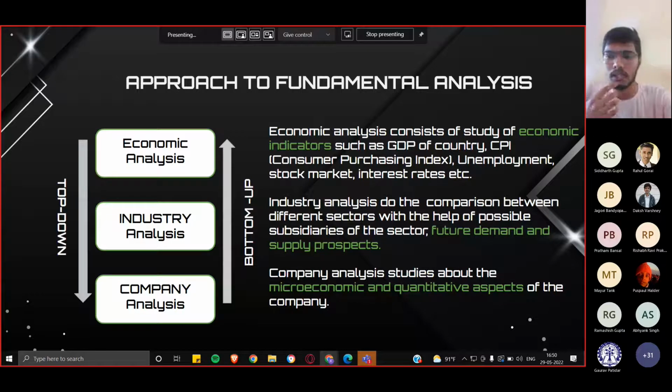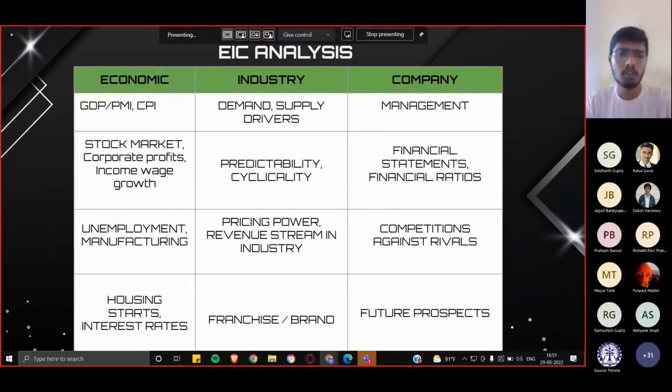And then you also see what countries they are operating in and what the economic factors are in those countries. So it's possible that we start with the company, then come to industry, and then to economic analysis. So what are the indicators that we work upon while doing this EIC analysis?